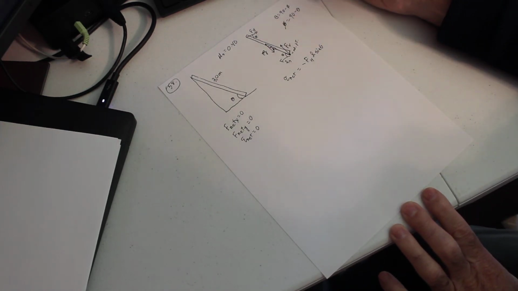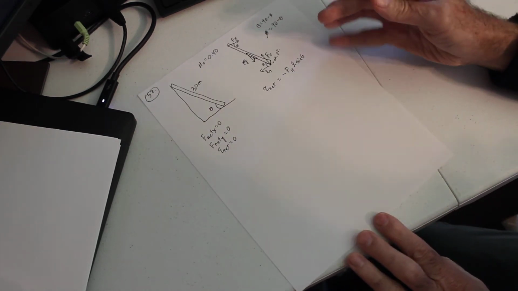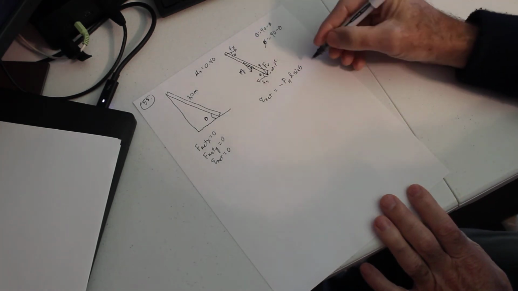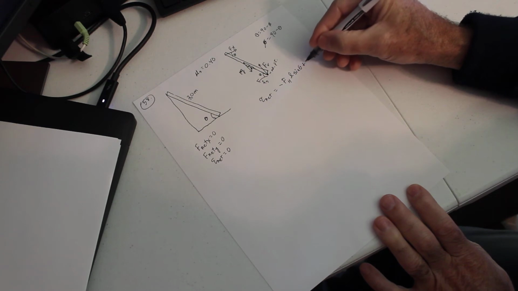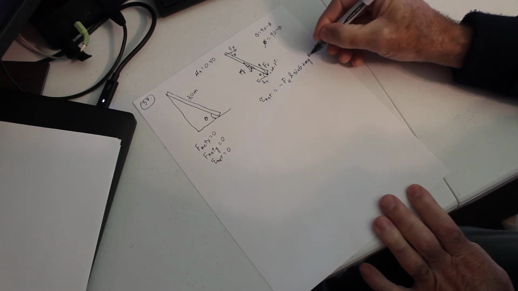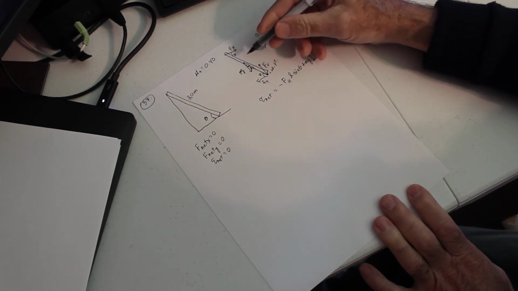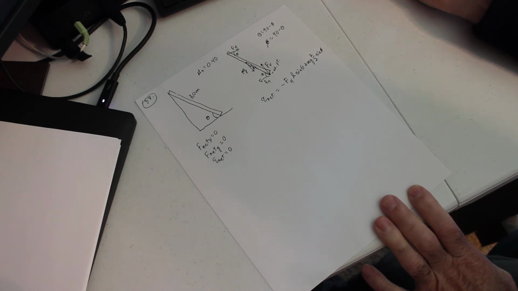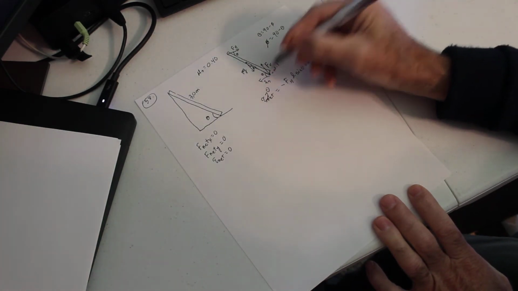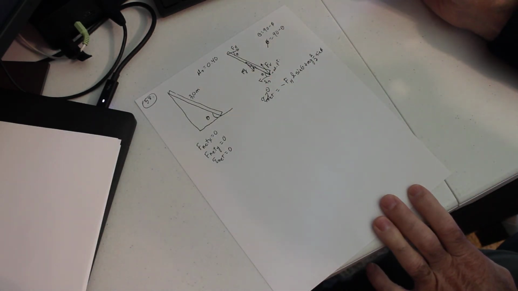That's the torque from the horizontal force. The torque from gravity is making it go the other way, so this becomes plus mg L over 2, because it's halfway up, times the sine of phi. And this is equal to 0.